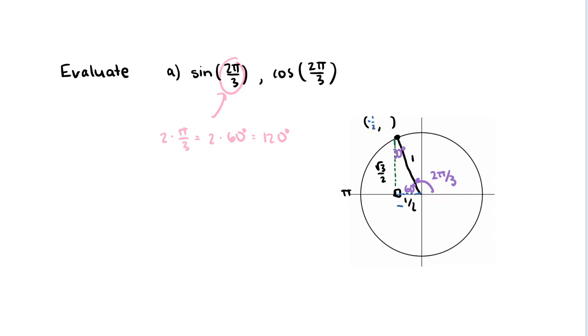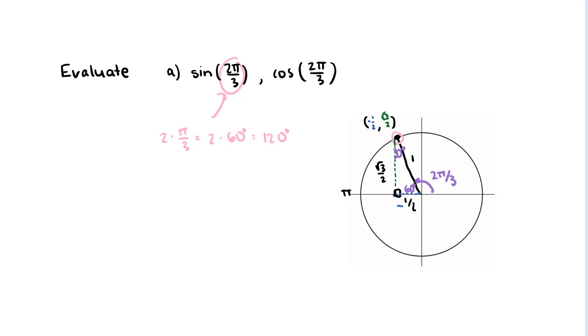And then because the square root of 3 over 2 is being measured above the x-axis, then we're dealing with a positive measurement, right? This point here, it's above the x-axis, its y value is positive, so that square root of 3 over 2, the y value is a positive measurement.